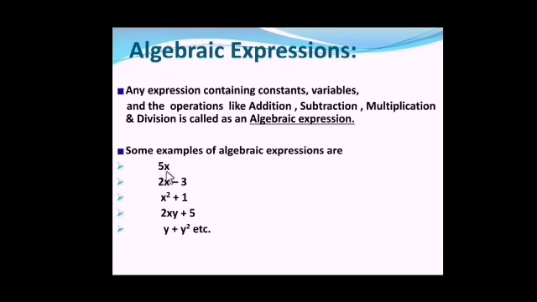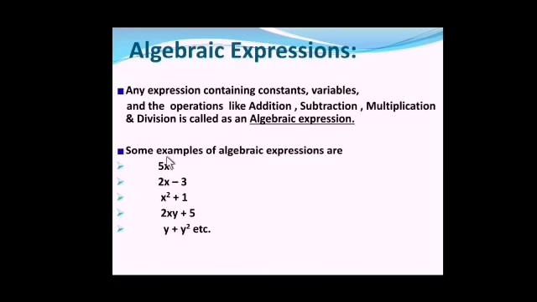First example is 5x. What is 5? 5 is a constant. What is x? X is a variable. Is there any arithmetic operation present? Yes. 5x is formed with the help of 5 into x. So what is the arithmetic operation present in between them? It is multiplication.